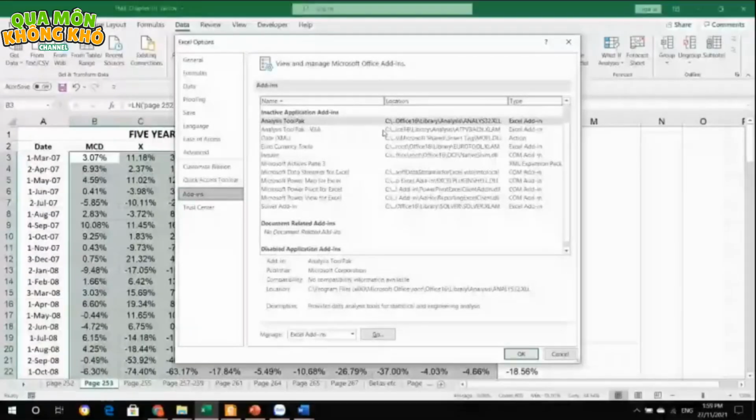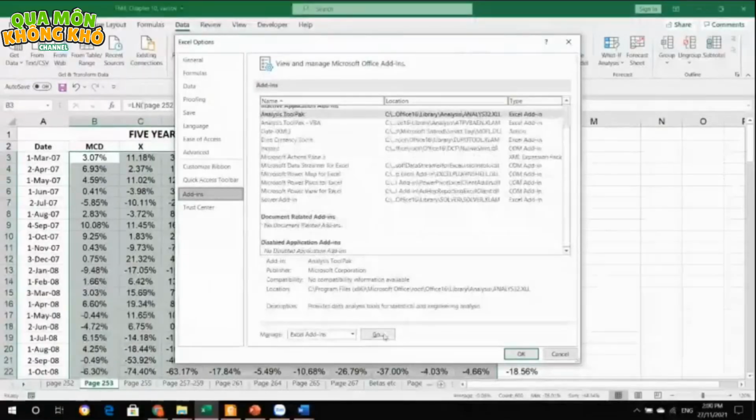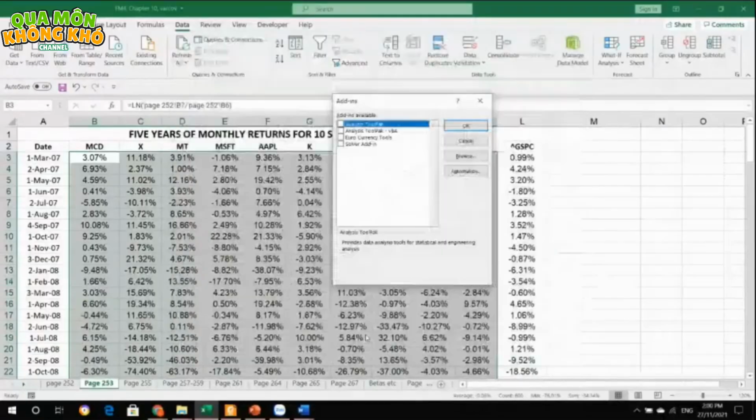And in Manage, you click Go. So you tick the Analysis, just the first one, Analysis Toolpak.